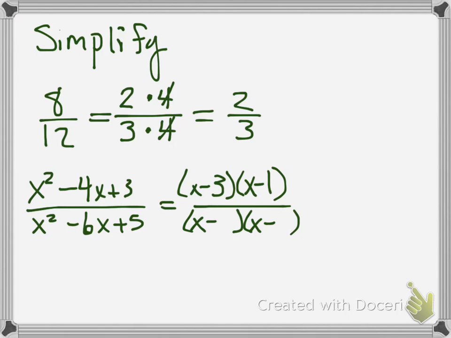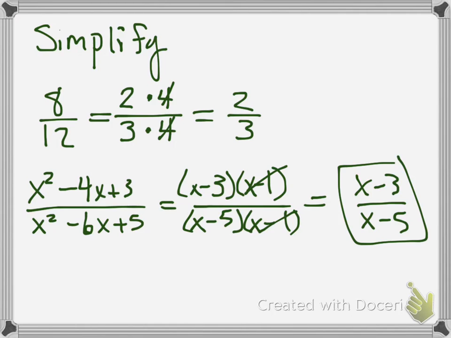What two numbers multiply to give you 5, add up to 6? 5 and 1. And then the x minus 1s would cancel each other out, leaving you with x minus 3 over x minus 5. Simple. All right, so the better you know how to factor, the easier this will be. That's going to be it, plain and simple.